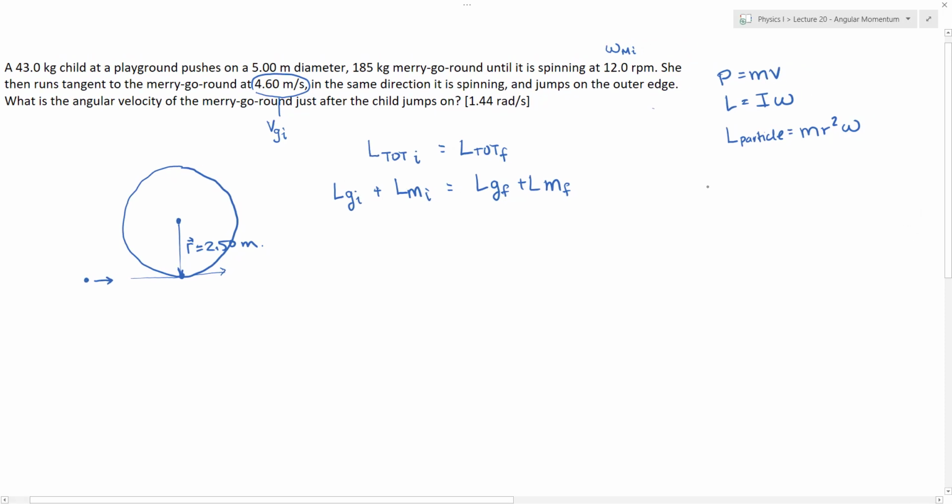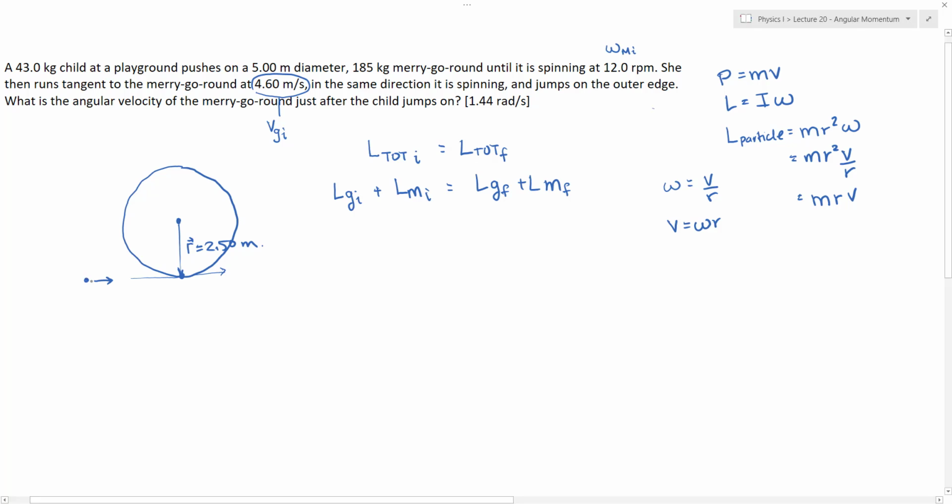Omega also is equal to v over r, because we have the formula v equals omega r. So if we replace omega with v over r, now we have this equation, mrv. And this equation is true as long as the particle is moving perpendicular to that r vector.